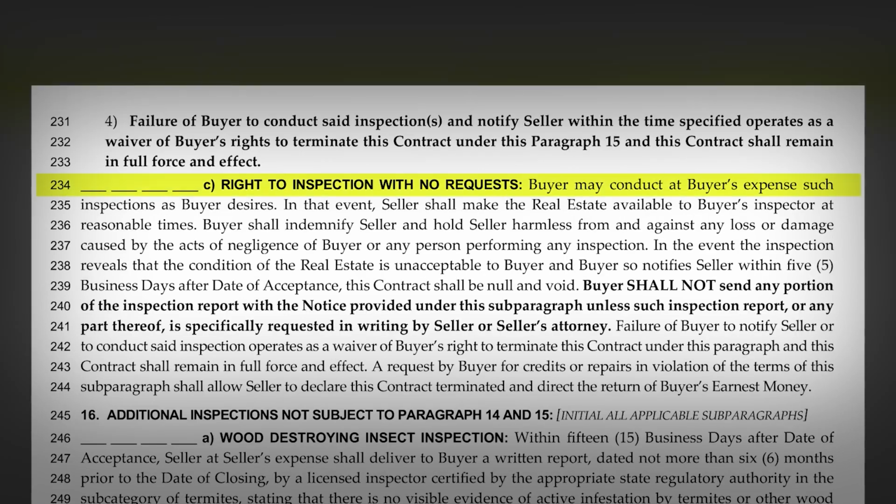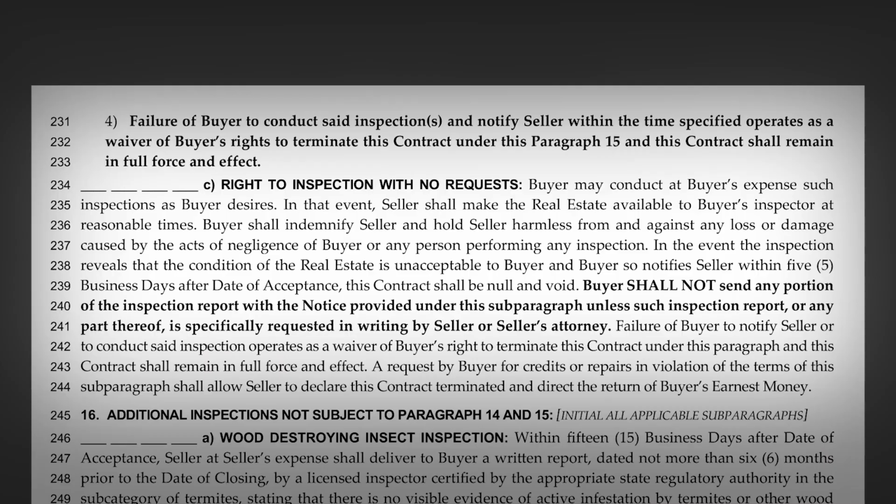Subparagraph C is that you are going to do an inspection and you are not going to make repair requests. That inspection is for the buyer's information only. It is not a time to renegotiate the contract.